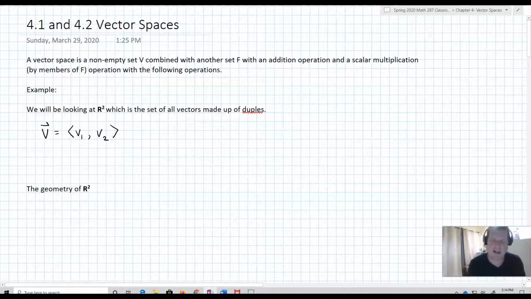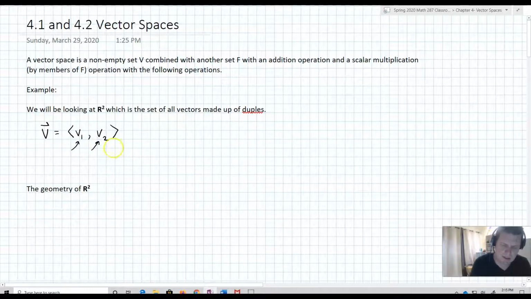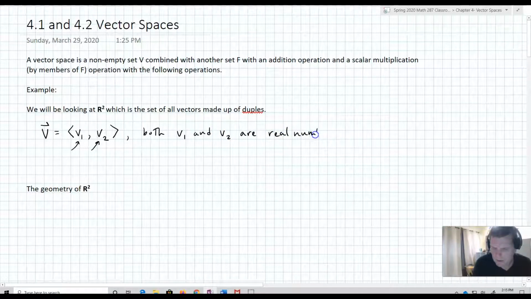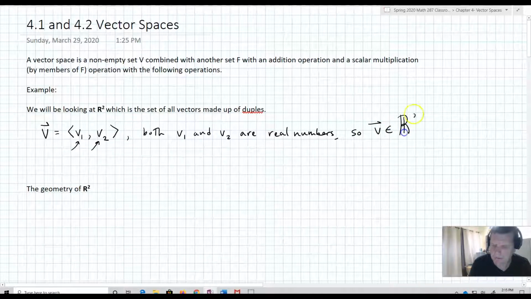That is, there are two values in the vector. Both v1 and v2 are real numbers. So V belongs to R2, and that's what that means, belongs to R2, okay?